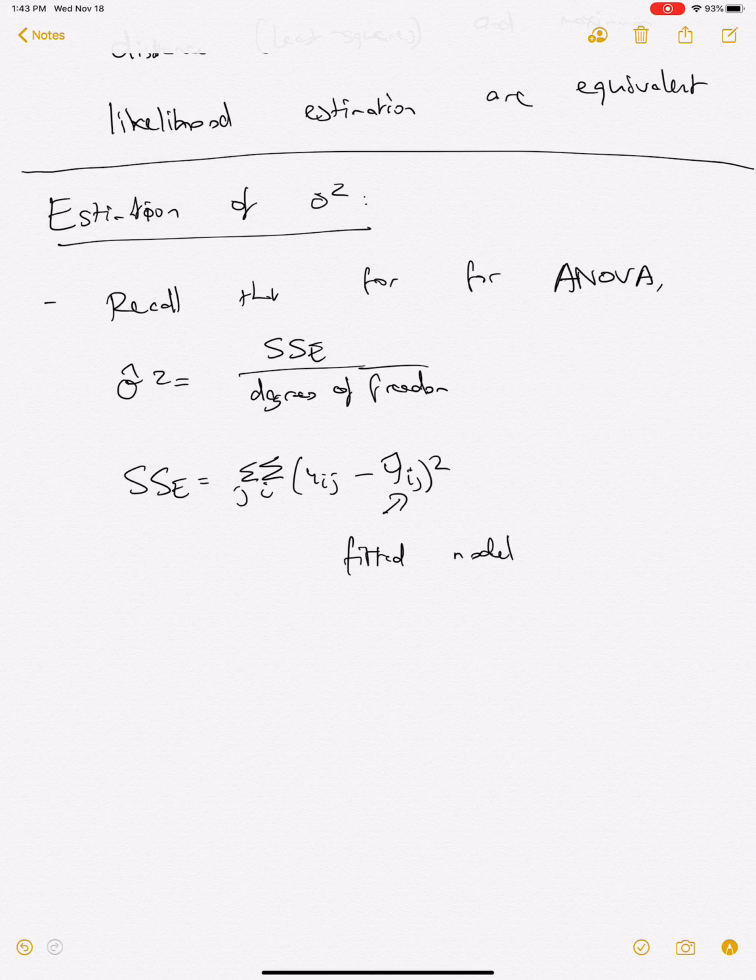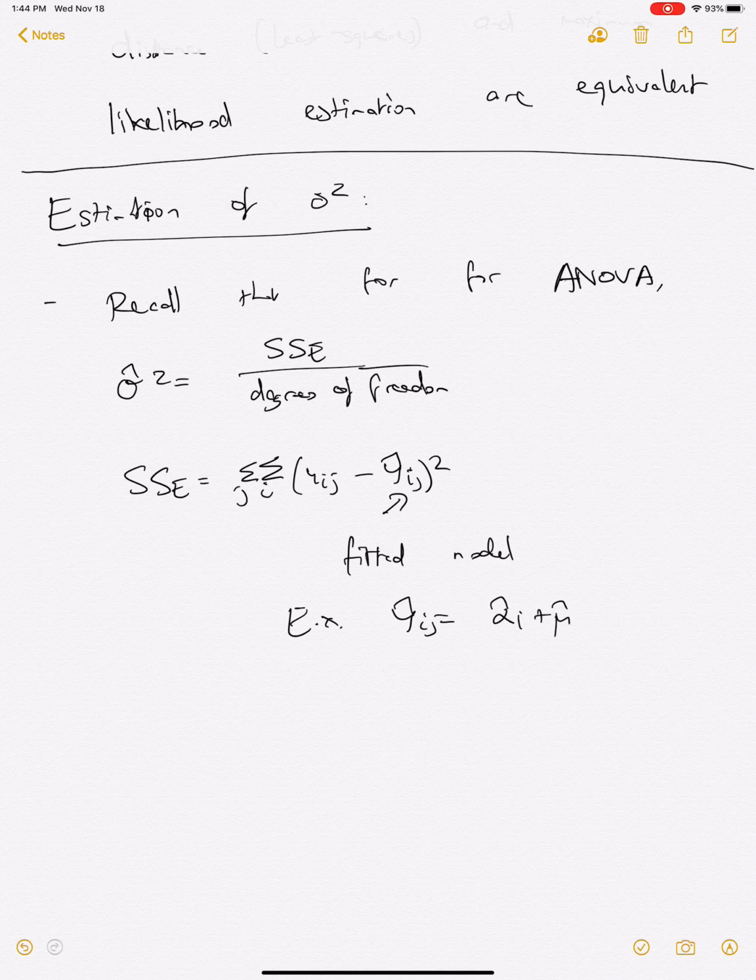Remember, there were 3 different ANOVA models that we had. For example, for one-way ANOVA, you could have that y hat ij is equal to alpha hat i plus mu hat. For two-way, we had y hat ij equal to alpha hat i plus beta hat j plus mu hat, and then we had another example for two-way ANOVA as well.